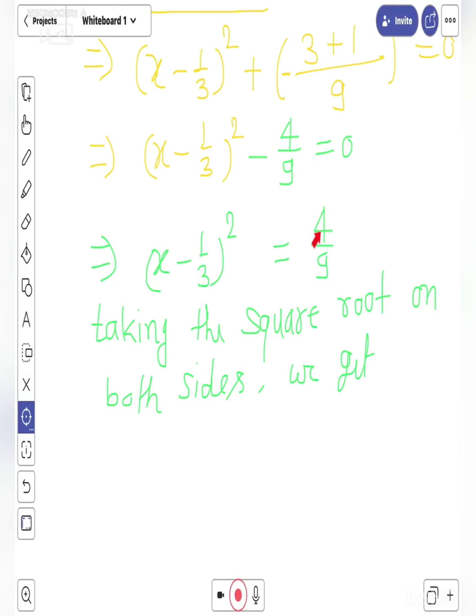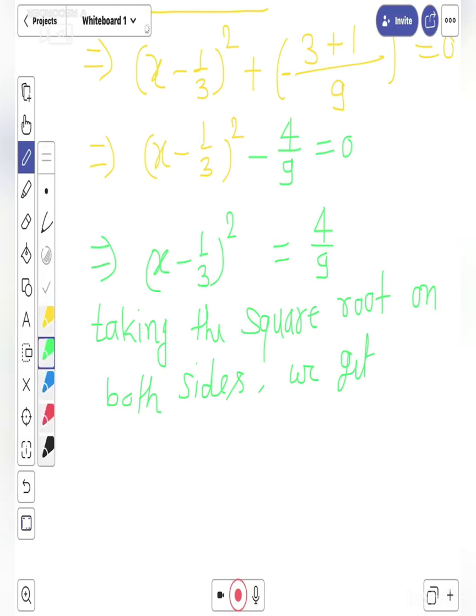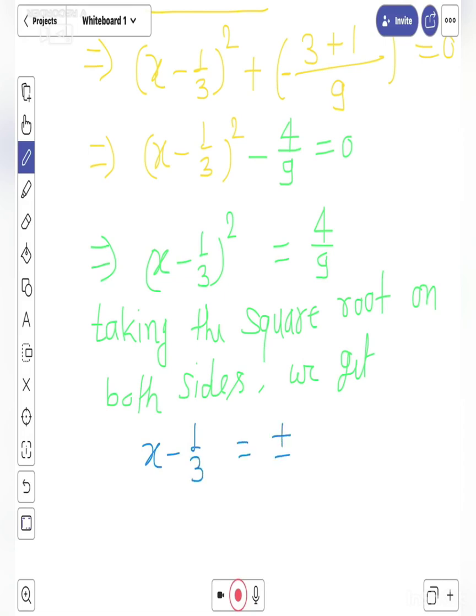When you take the square root, then this square will be removed, and the square root of 4 is 2, and the square root of 9 is 3. So you will write just like that. This is x minus 1 by 3 equal to plus minus 2 by 3.